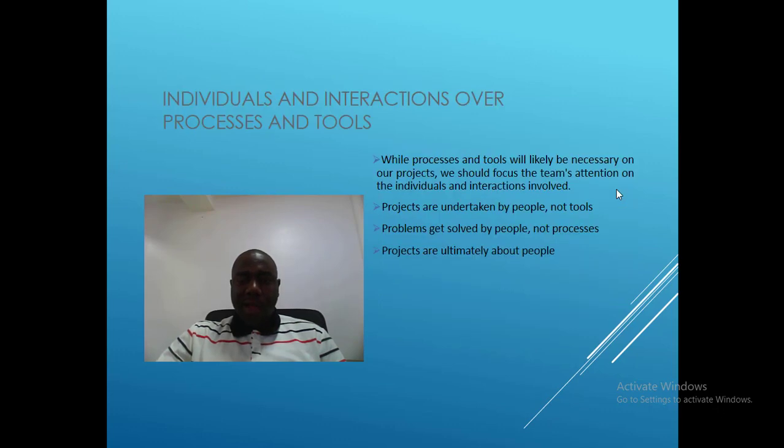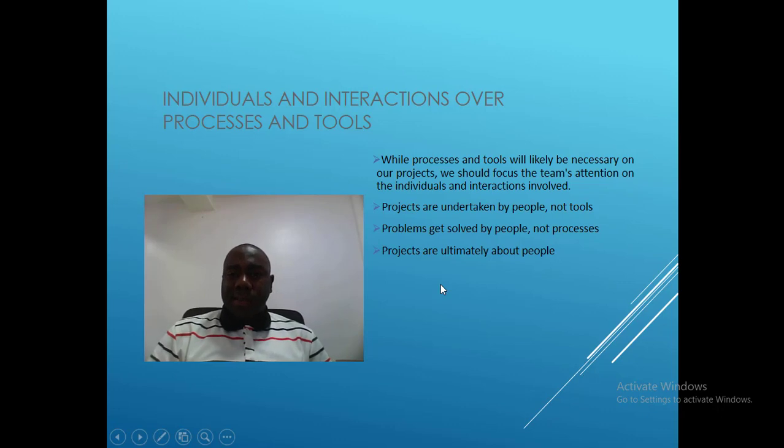So let's quickly look at these values and these principles one by one. Firstly, we look at the values. The first value says individuals and interactions over processes and tools.